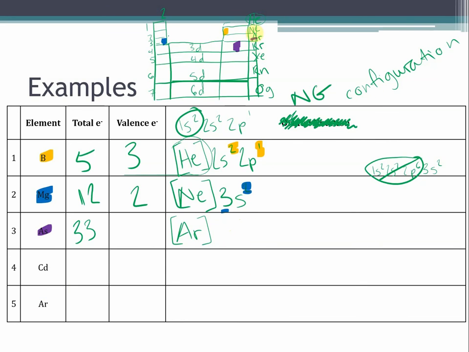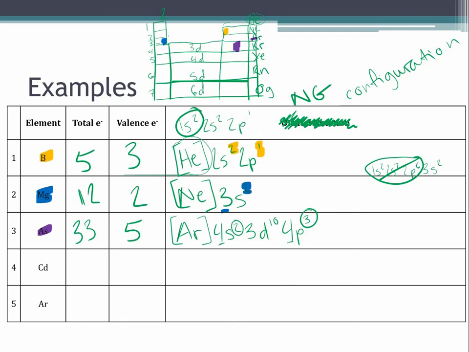The whole third row is taken care of by writing argon. We'll start again on the 4th row, and we just have to write 4s2, 3d10, 4p3. And that's our noble gas configuration for arsenic. Once again, we've got our 2 electrons here and our 3 electrons here in that 4th energy level for a total of 5 valence electrons.